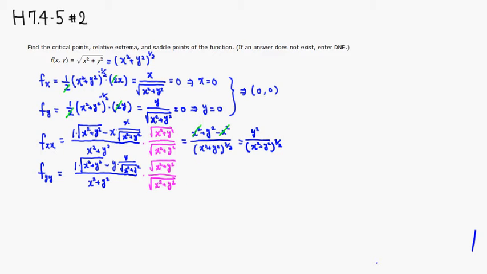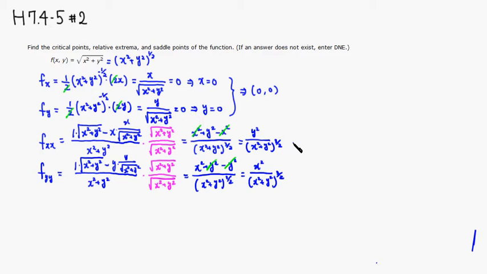So we have x squared plus y squared, multiply these out, and a minus y squared. The bottom is the same as before, with the 3/2 power. We can cancel y squared and y squared, and we get x squared over x squared plus y squared to the 3/2 power.